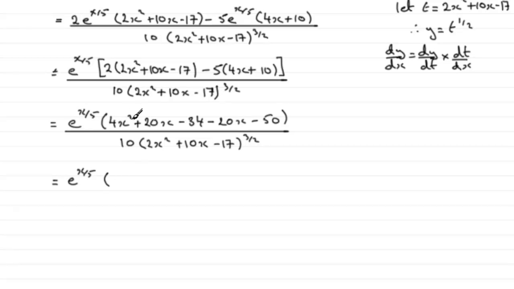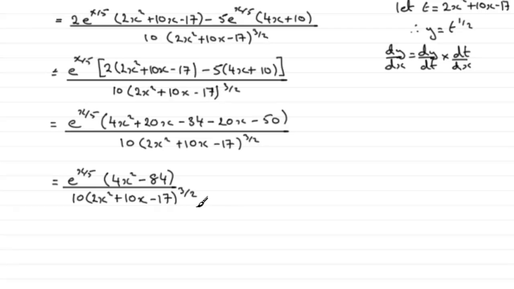We've got 4x squared, the only x squared term. We've got 20x, now take 20x, so that goes to 0. And then we've got minus 34 minus 50, so that's going to be minus 84. And again, that's all divided by 10 lots of (2x squared plus 10x minus 17) to the power 3 over 2.